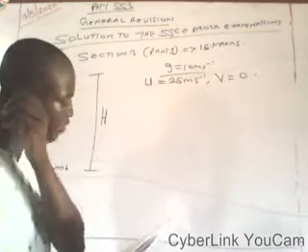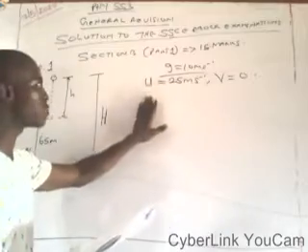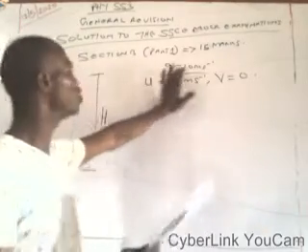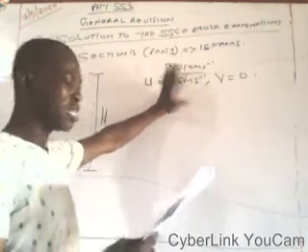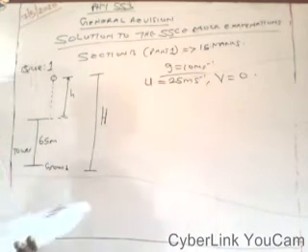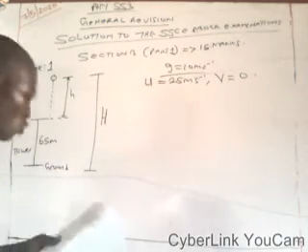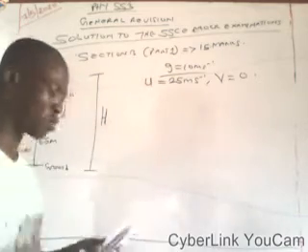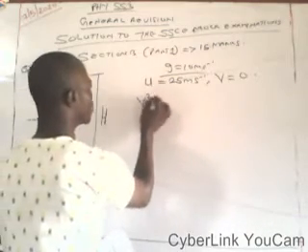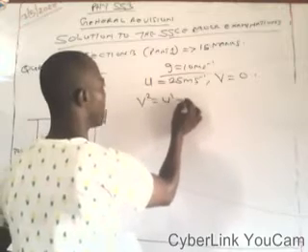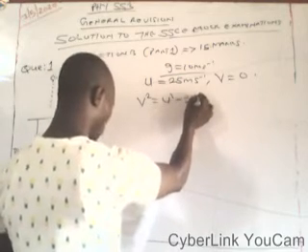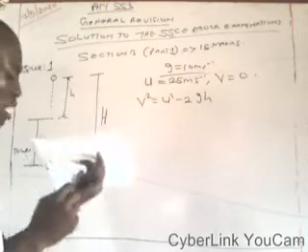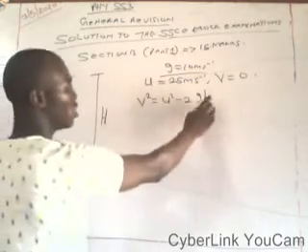So from the question, the parameters we are given are initial speed 25 meters per second, final velocity 0, and g to be 10 meters per second squared. Since the body was thrown vertically upward, we use one of our equations of motion, and the best equation that suits this particular question is v squared equals u squared minus 2gh. The first thing we need to calculate is our small h.